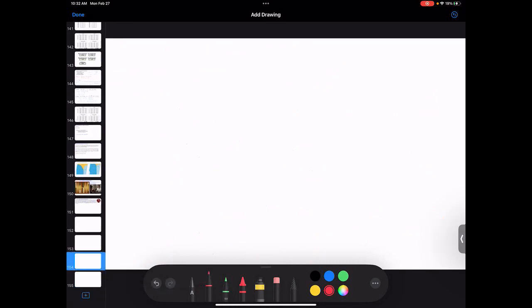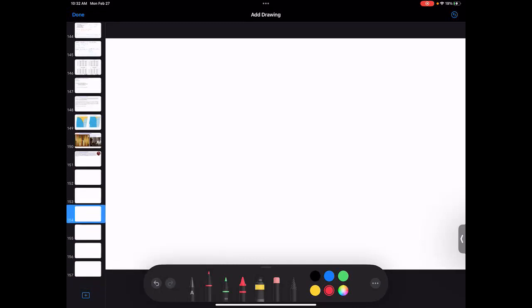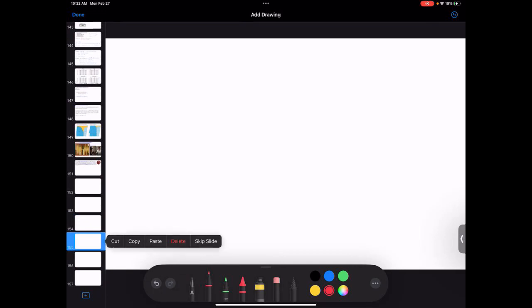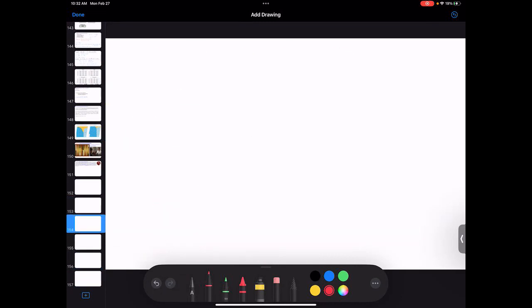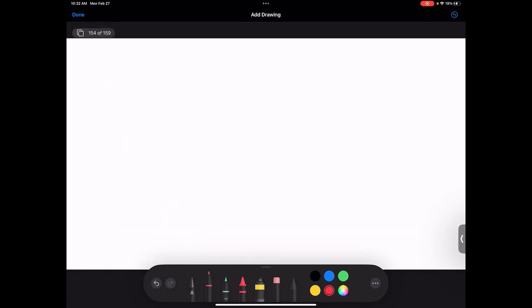Well, I'm trying to decide between 2s and 3s, right? I've got to have a sum of S. So I have some number of 2s and some number of 3s, and the sum has to be S. What's the conversion factor between 2s and 3s? Before, I wanted to have the same batting average.